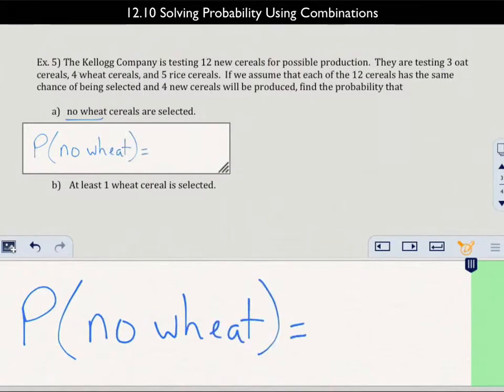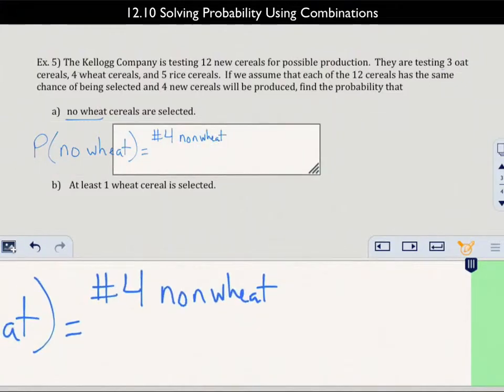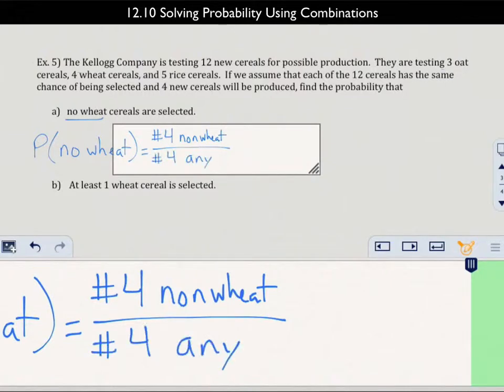Okay, so we're choosing 4 cereals. So we want the number of ways we can get 4 non-wheat cereals, and we want to divide that by the number of ways we can get 4 of any type of cereal. When we set up our combinations, our R is going to be 4 because we're choosing 4. And how many non-wheat cereals are there?